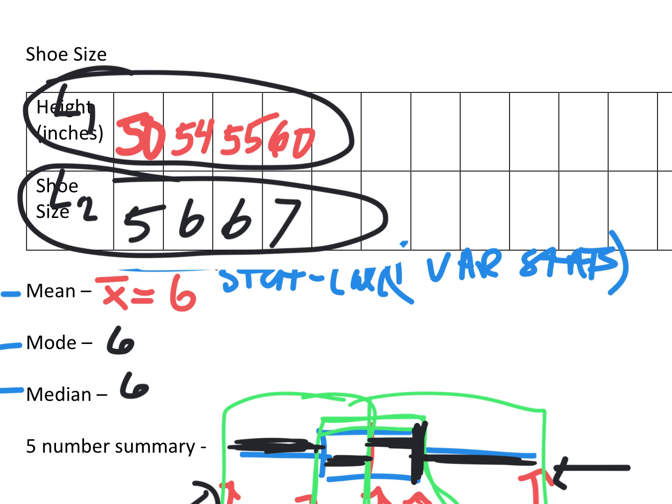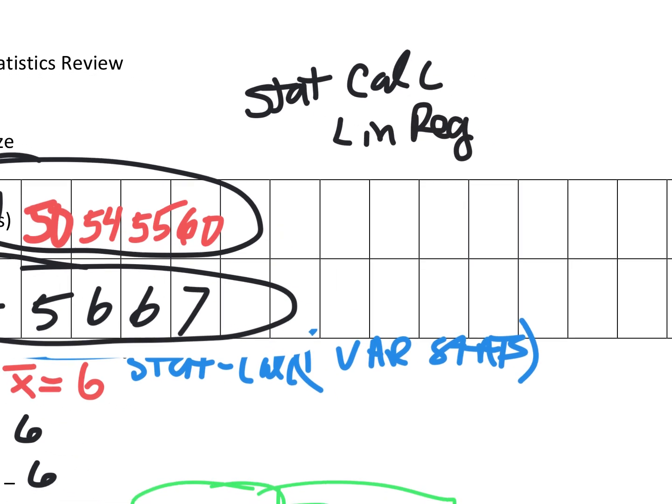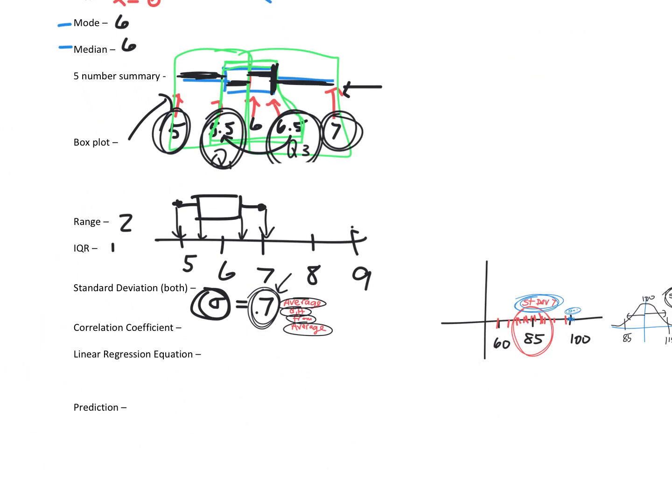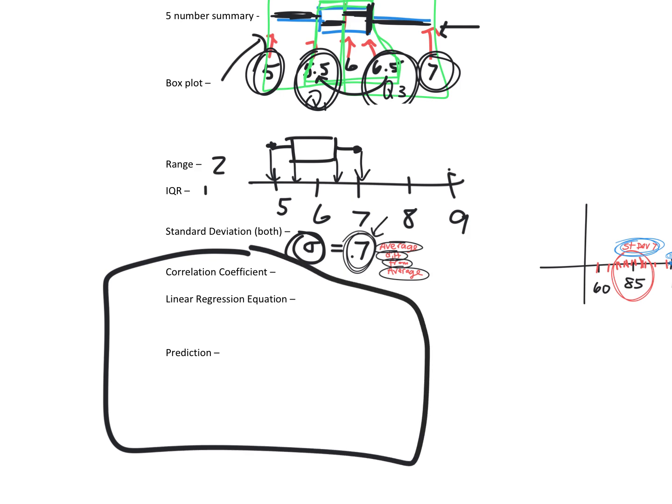So type these all in and then do a stat calculate linreg, and there's 3 kinds of linreg. Linreg of the AX plus B kind. That will answer these last 3 questions.